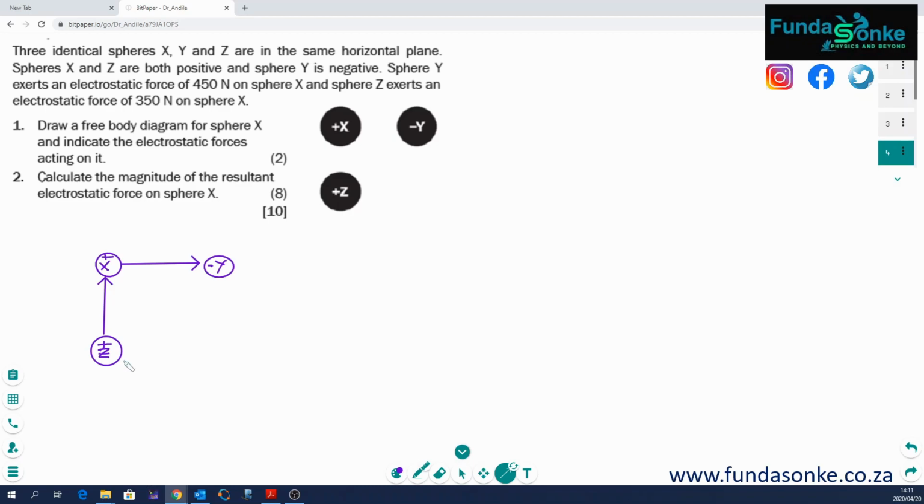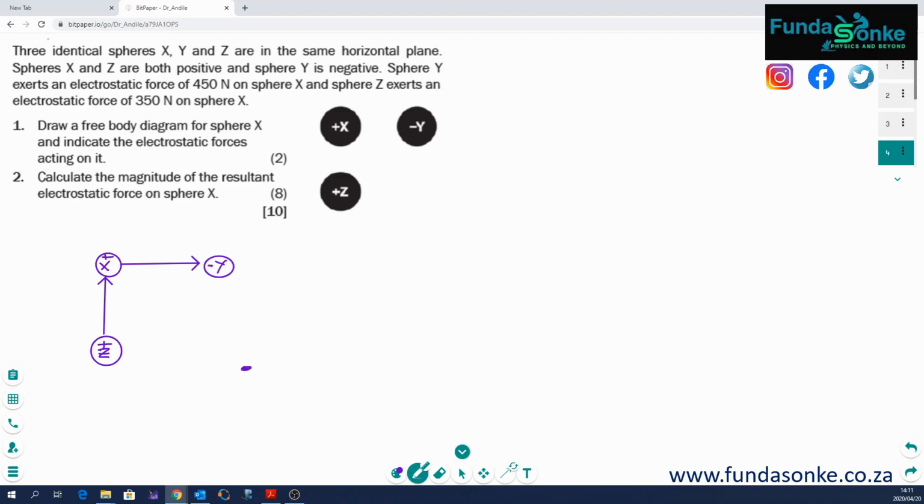away, like that, right? Such that then, in terms of free body diagram, remember I said each sphere, when it comes to the free body diagram, a mass or an object is considered to be a point mass.